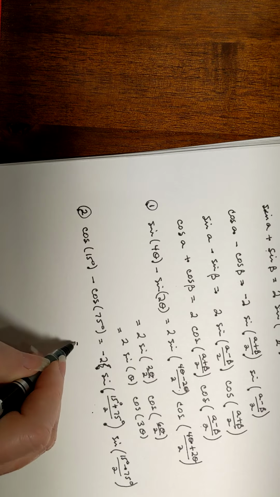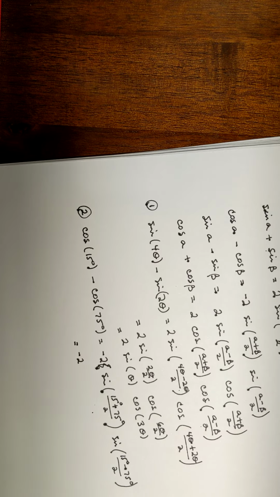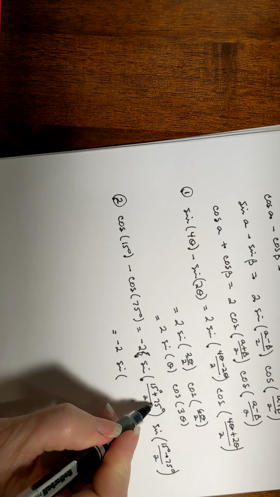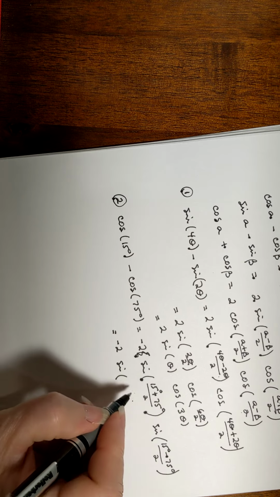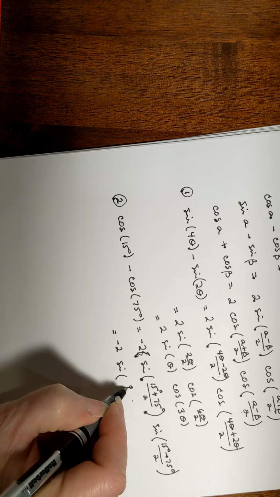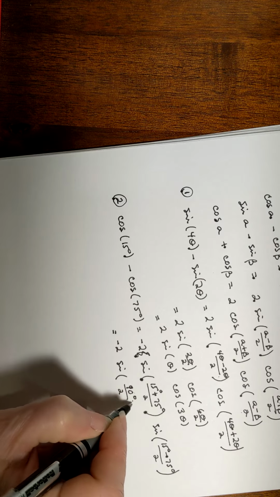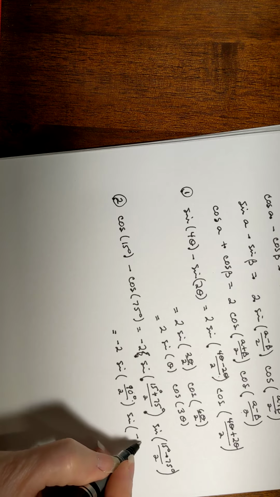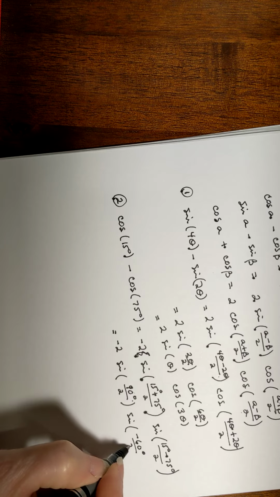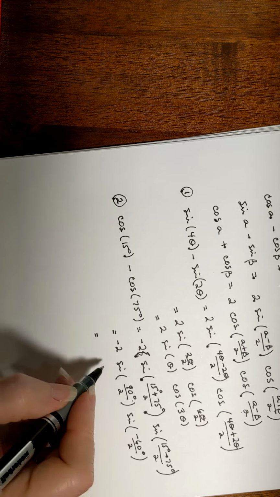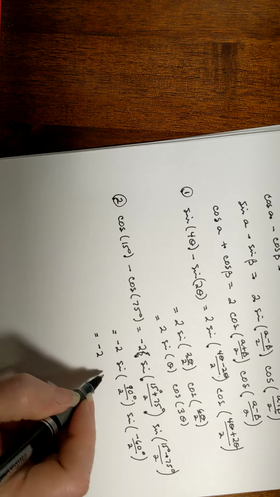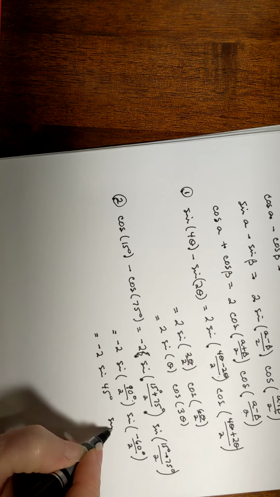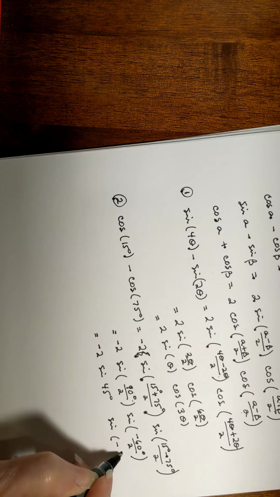And so this is going to be negative 2 times the sine, and if I add these, I get 90 degrees over 2, times the sine of negative 60 degrees over 2. So this is going to be negative 2 times the sine of 45 degrees times the sine of negative 30 degrees.